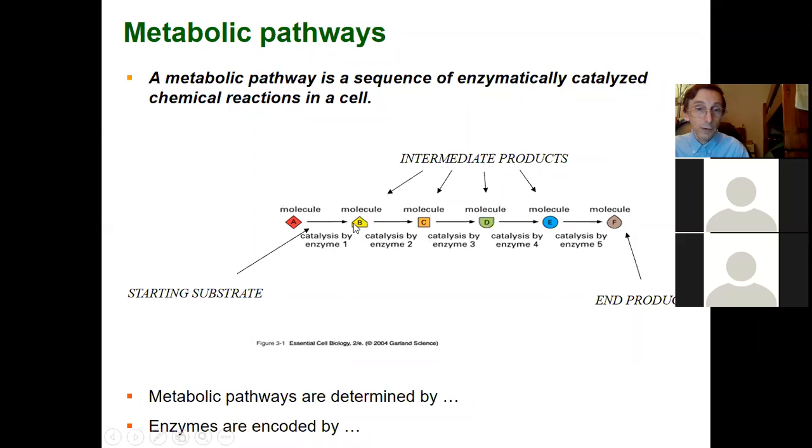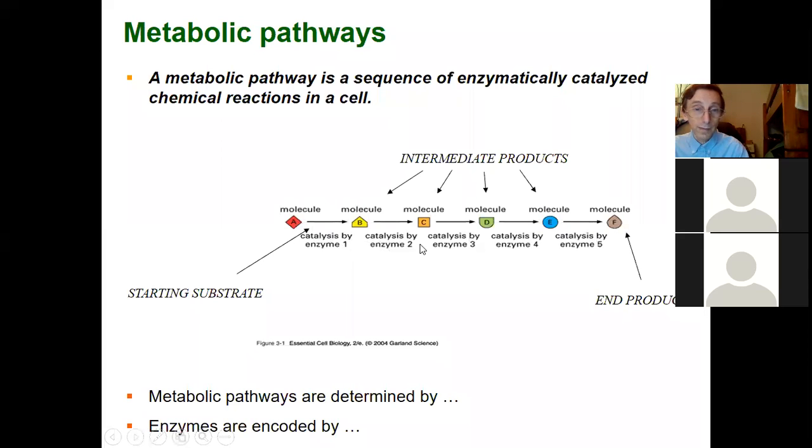But you could take molecule B and convert it into molecule C by another enzyme, and molecule C can be converted into molecule D by another enzyme. Molecule D can be converted into another molecule, molecule E, by a fourth enzyme, and then molecule E can be converted into molecule F by a fifth enzyme.